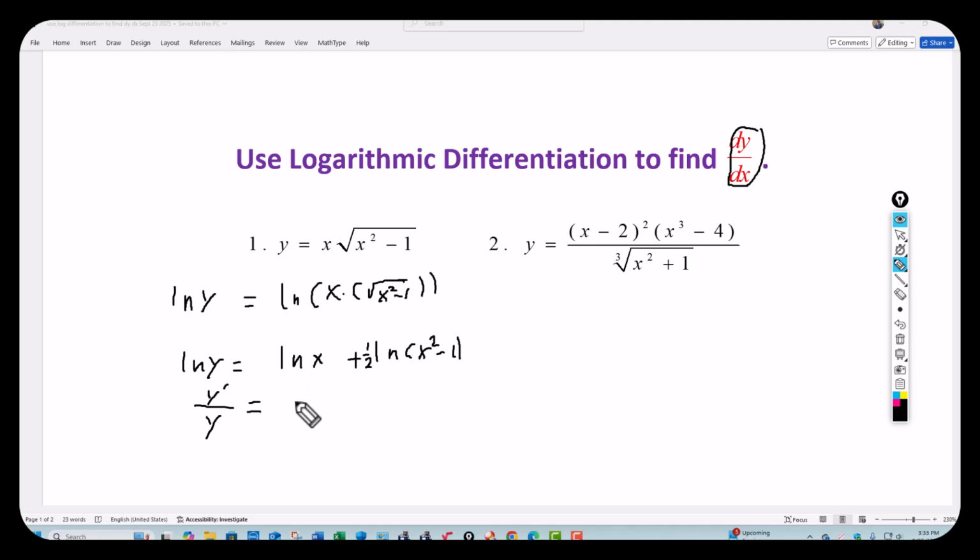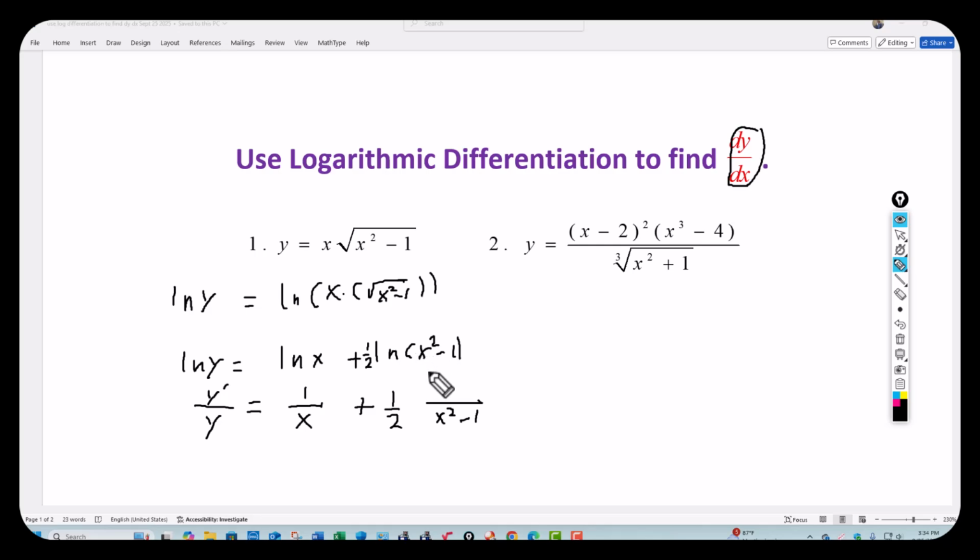So here it's natural log, so the same formula. The x goes to the denominator, and it's the derivative of the x. This will be 1, plus the 1/2 is constant, so we can just write it out. And the derivative of ln of x squared minus 1, again, same sort of thing. The argument x squared minus 1 goes to the denominator, and then in the numerator we take the derivative of that same argument.